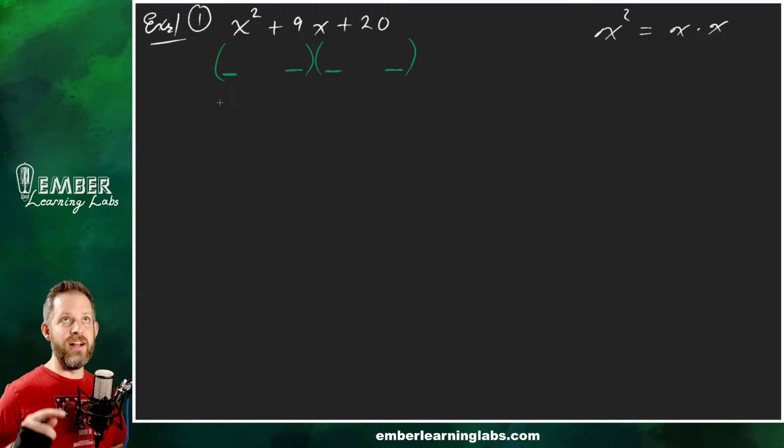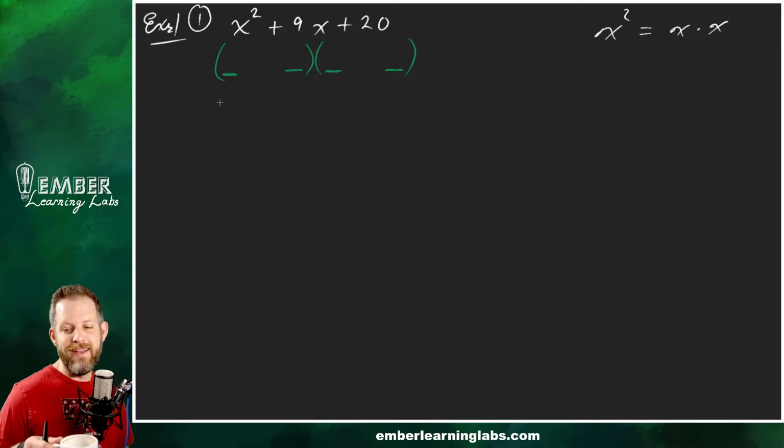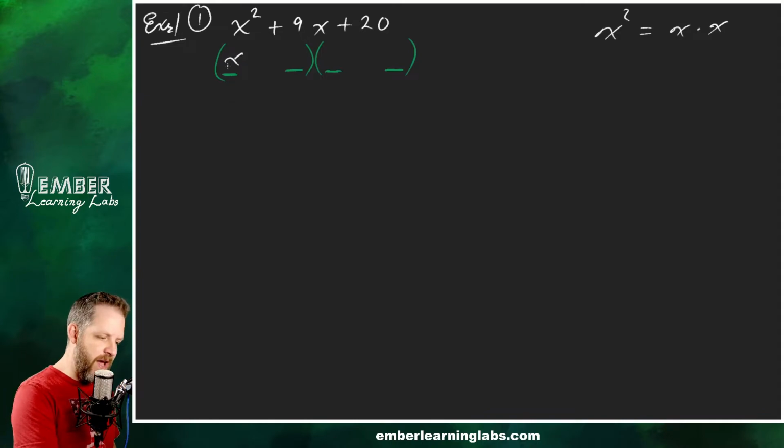Especially when we hit the next lesson, you're going to guess wrong and then have to erase and try again. So for the first slot, we're going to put x and x. Now, for the last slot, we want 2 things that multiply to get 20.